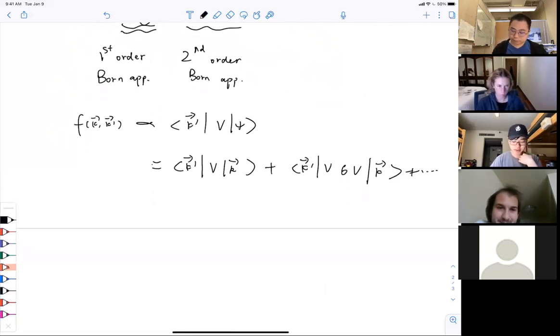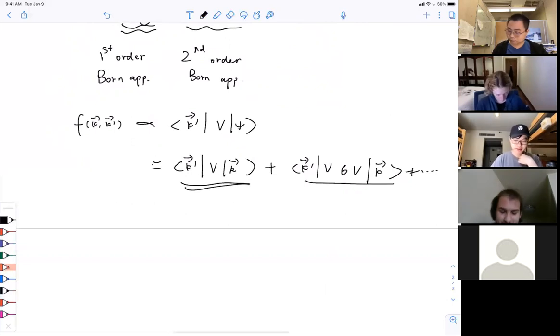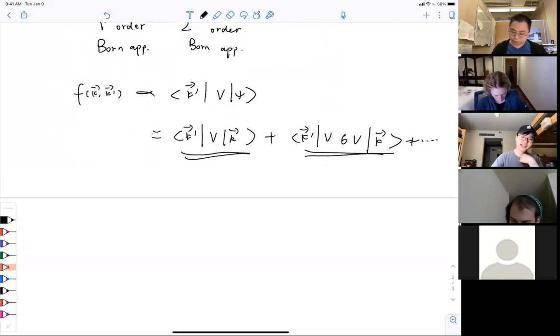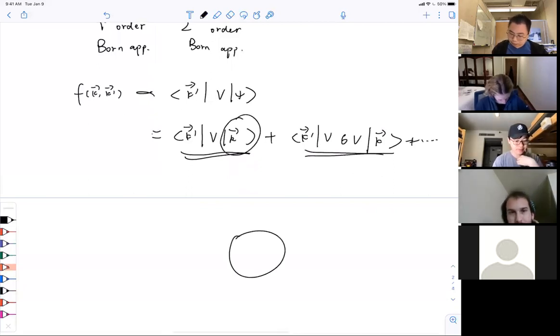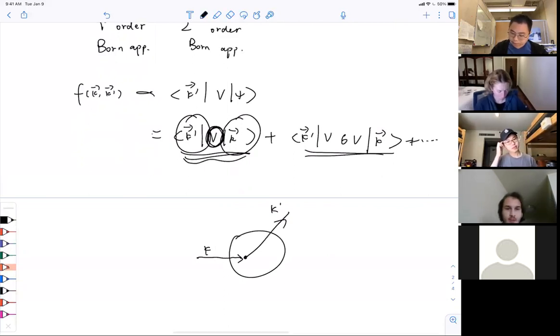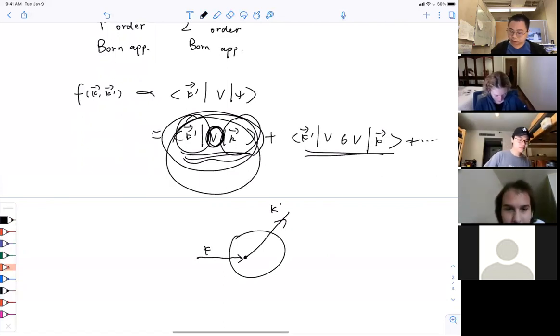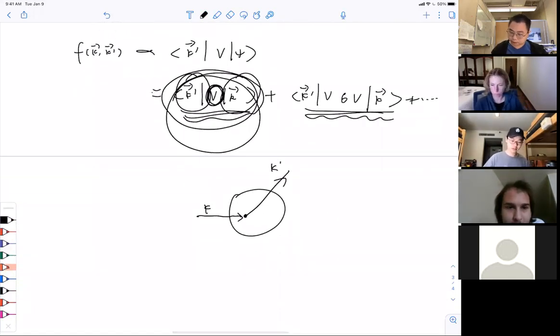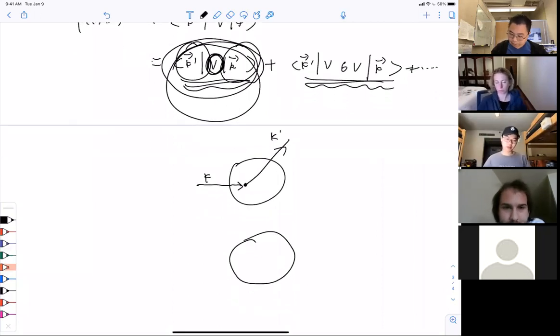And by the way, the physical meaning of these terms is also very clear. Imagine you have a scattering potential. This is your incoming wave. You encounter some scattering potential V, and then you scatter out. So you scattered once. If we look at the second order approximation, you have an incoming wave, k.